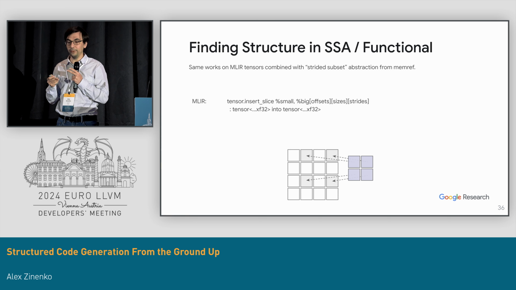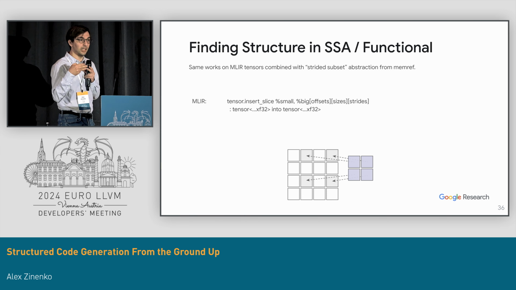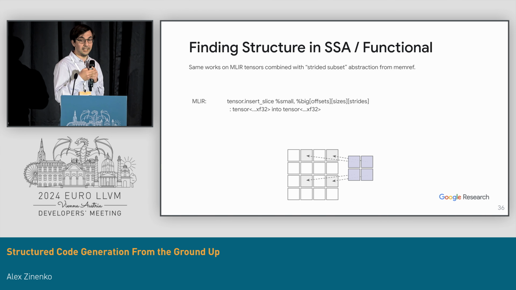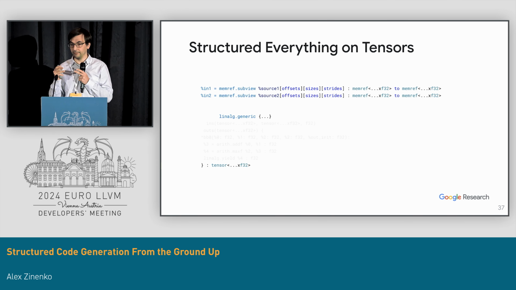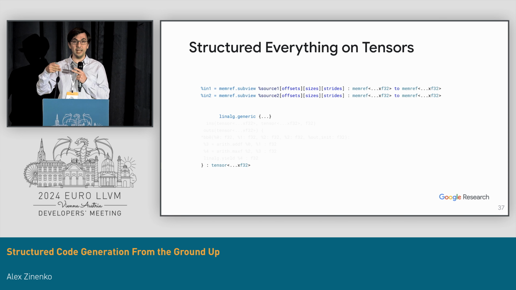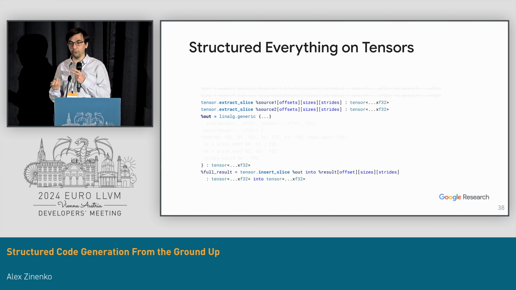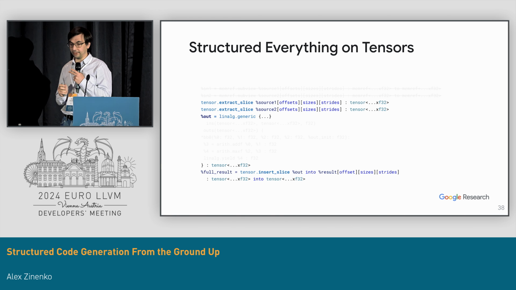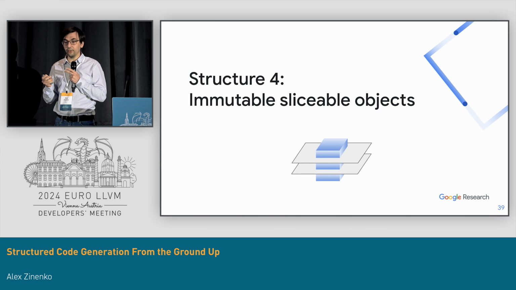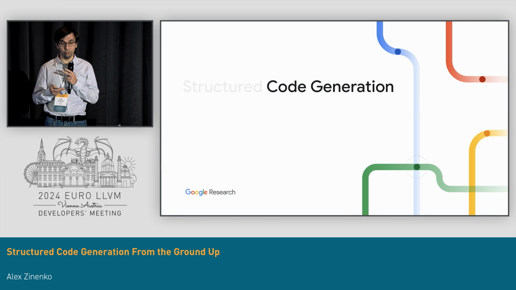So what we do is we create new tensors by inserting things in them, and we can also slice tensors and get a smaller tensor out of that. So instead of accessing elements of a memory, we can now extract elements from a tensor, get a smaller tensor, and operate on that.